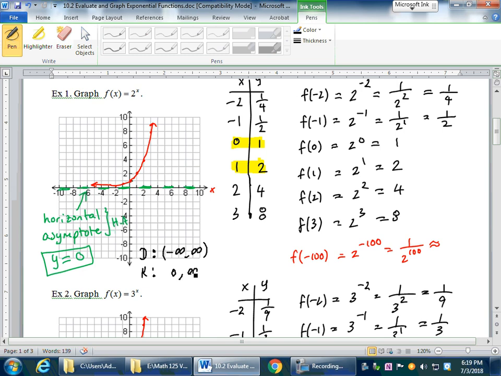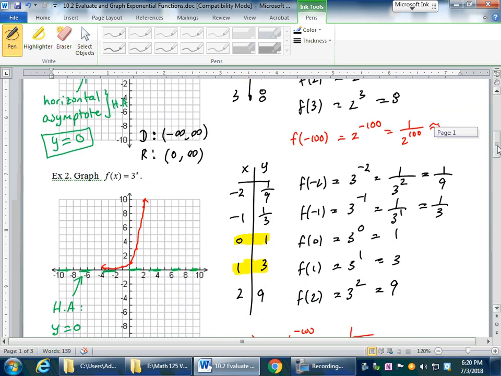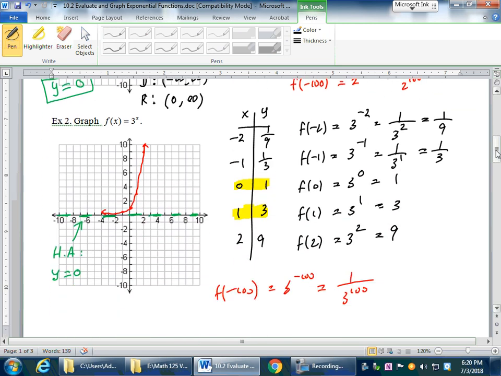As you can see, the graph never touches 0 or goes below 0 for the original one, for the parent one. So therefore, 0 is not even inclusive in this case. That's my range. Similarly, for the next, x to the third power, my domain is negative infinity to positive infinity, and my range is 0 to positive infinity.